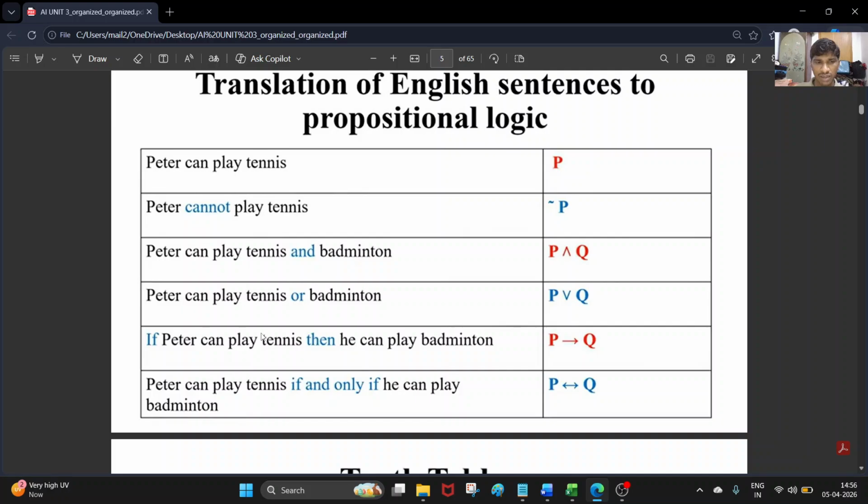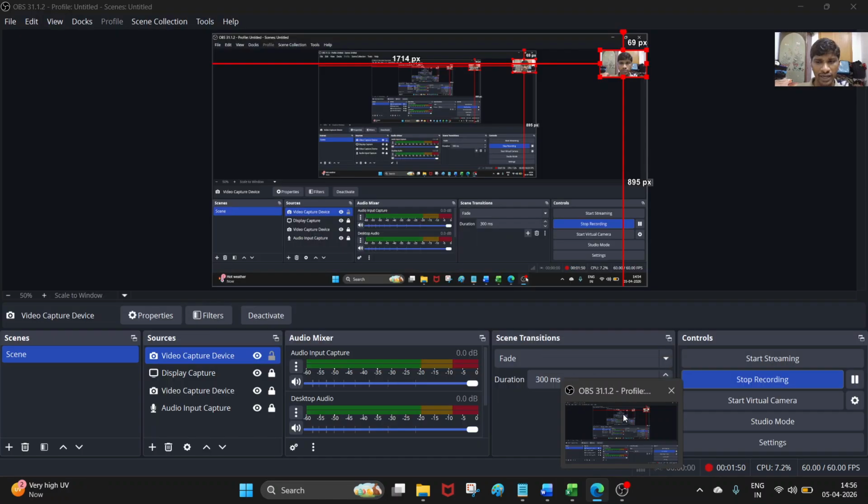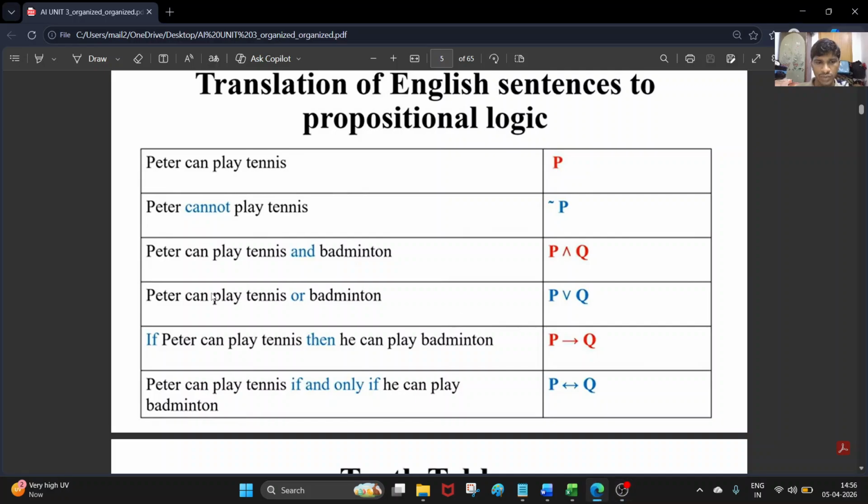Next is Peter can play tennis or badminton. Statement P indicates Peter plays tennis, and statement Q represents Peter plays badminton.